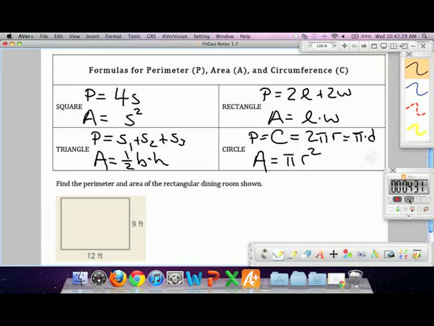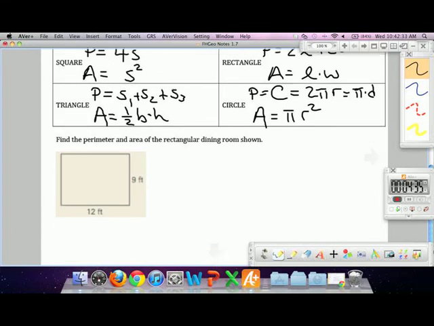So if I want to find the perimeter of this rectangle, well, let's see. This is a rectangle, so the perimeter is just twice the length plus twice the width. So this is our length, and that's our width. Then the perimeter is twice times 12 plus twice times 9.